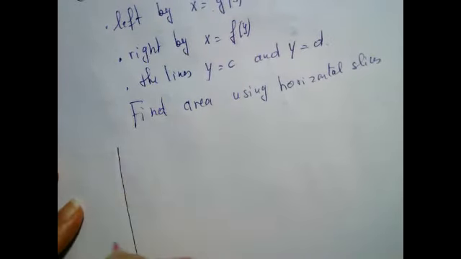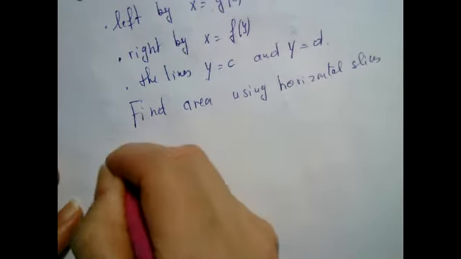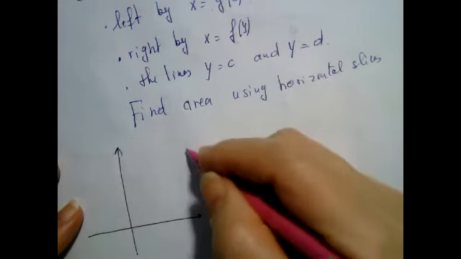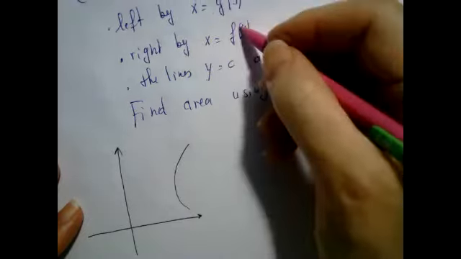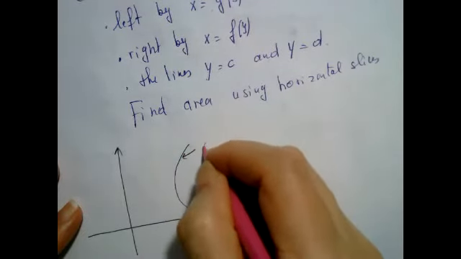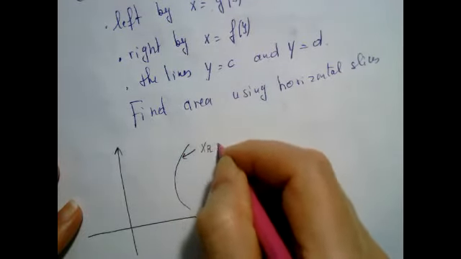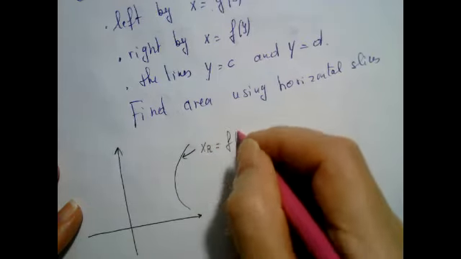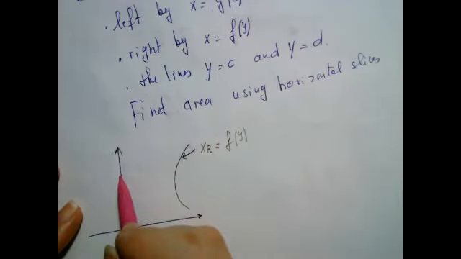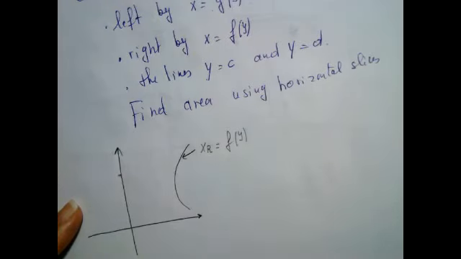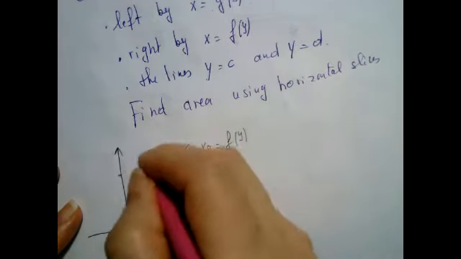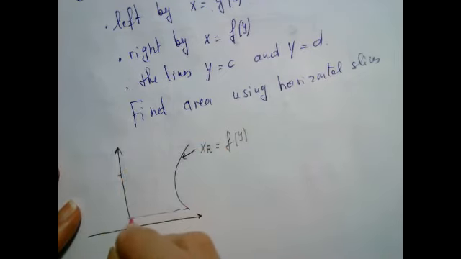Here x is a function of y. So that's one curve from the right. That's the right curve. I call it xr is f of y. So in this curve, if you know the y, the f will give you the x coordinate. And let us say the other one, c equal to d.